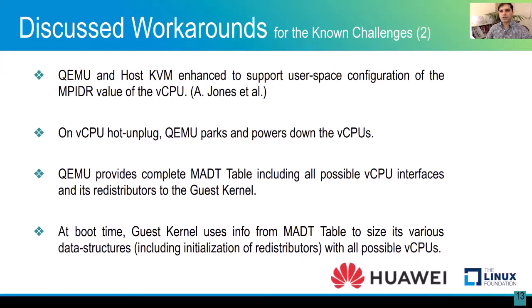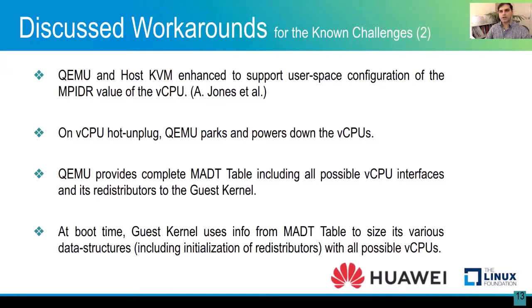QEMU and host KVM should be enhanced to support the user space configuration of the MPIDR value of the vCPU. Right now, as discussed in the previous slides, this is being done by KVM, and it derives the value of MPIDR using the vCPU ID.